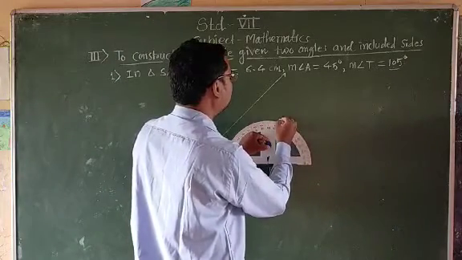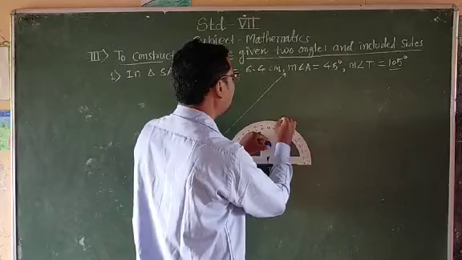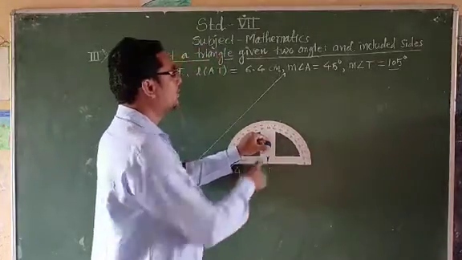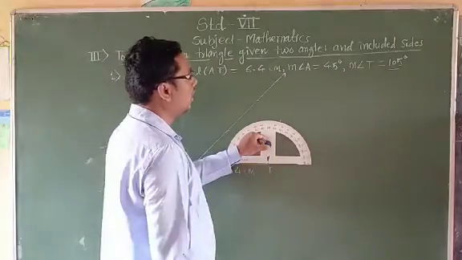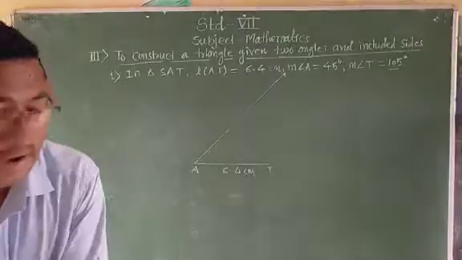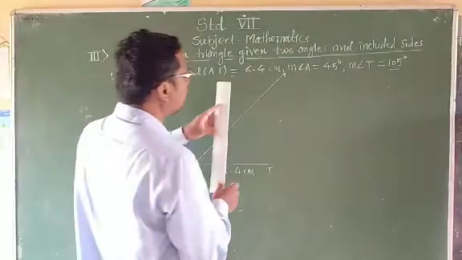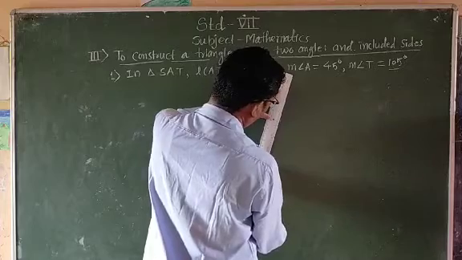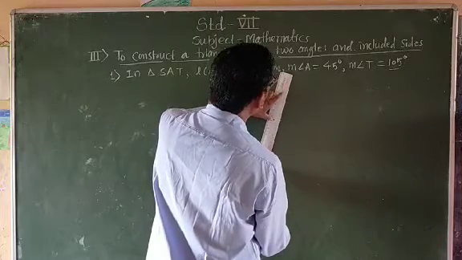So here we got 105. After 100, count 5 lines, means we get 105. Then we have to draw one ray passing through this point and starting from the point T.